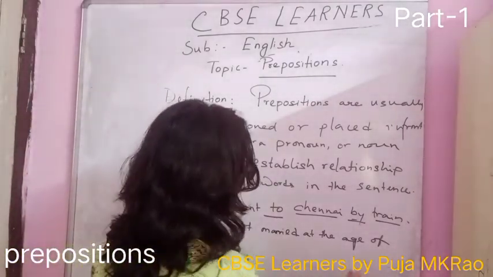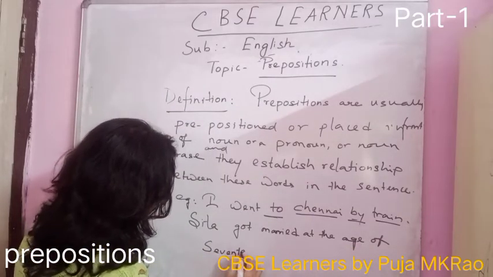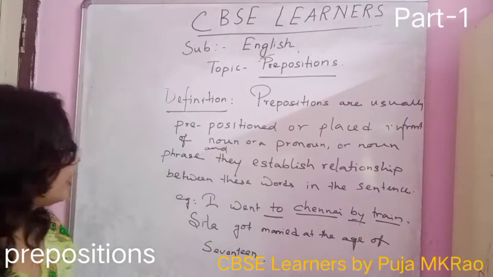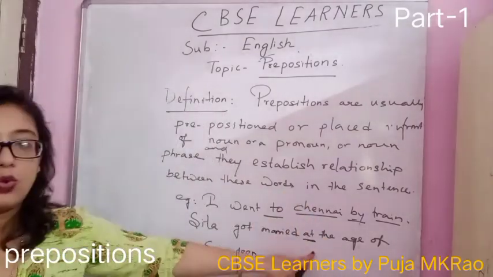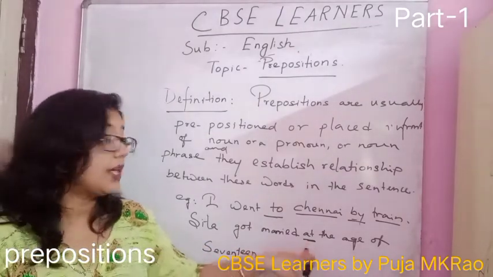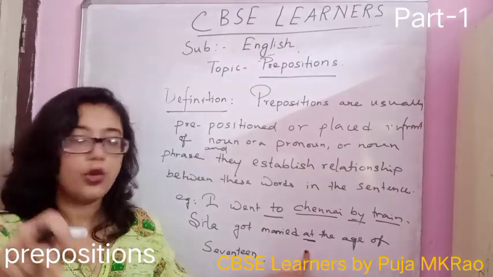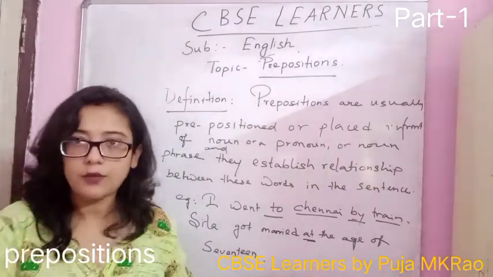So Sita got married at the age of 17. Here you can see at is the preposition, and what is it doing? It is giving you information. It is showing you that Sita got married at the age of what? At the age of 17.